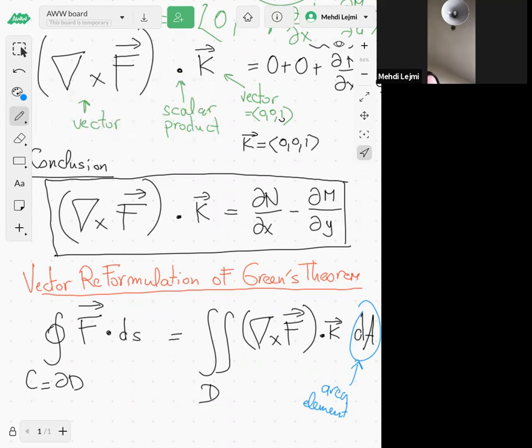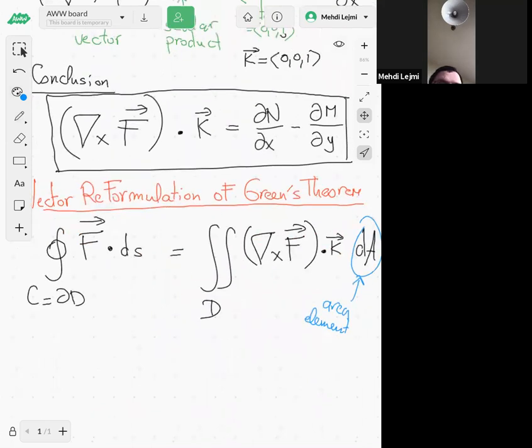So basically what this formula says is that on the left side, you have the vector field F along the boundary of D. That's just the circulation of the vector field F along the boundary.